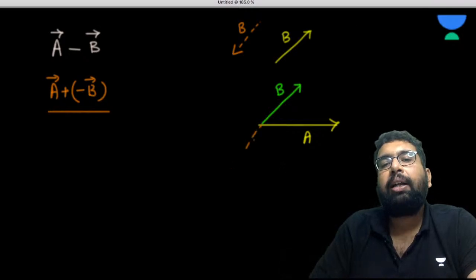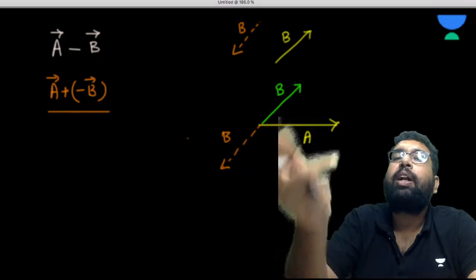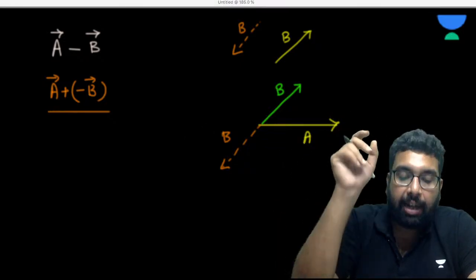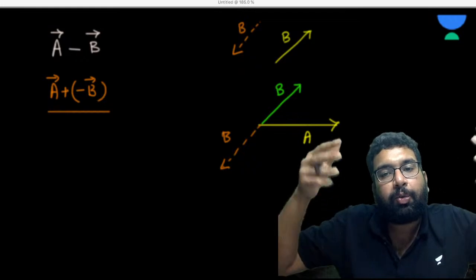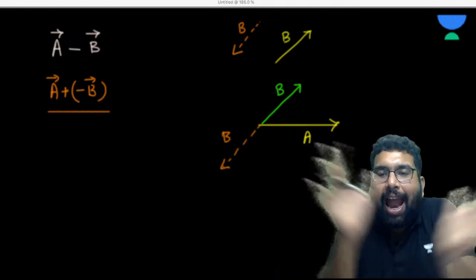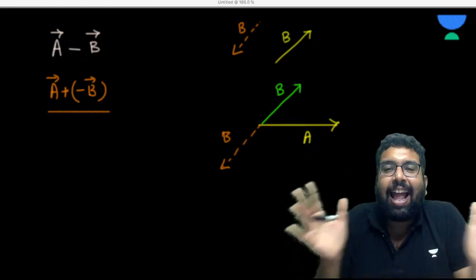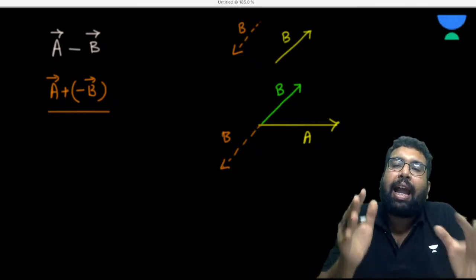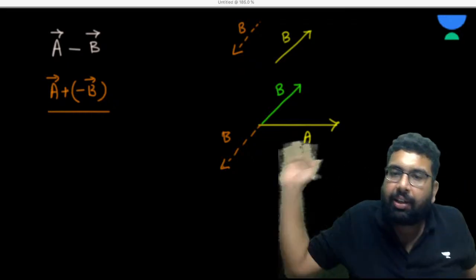So rather than finding the resultant of vectors A and B, you are finding the resultant of vector A and the negative of vector B. That means you are again finding the resultant of two vectors which are added. So are you doing anything different from what we have learned till now?